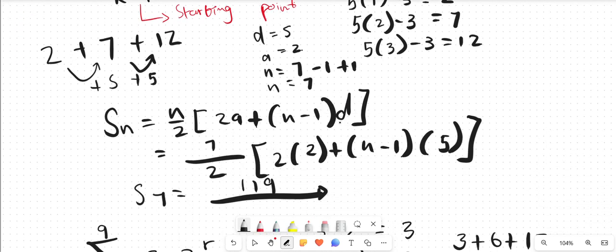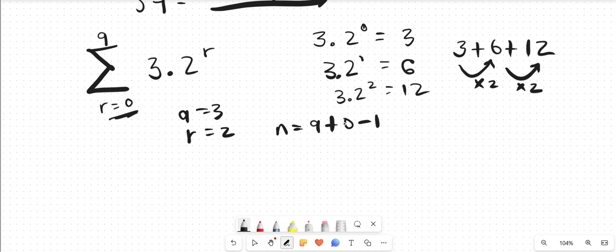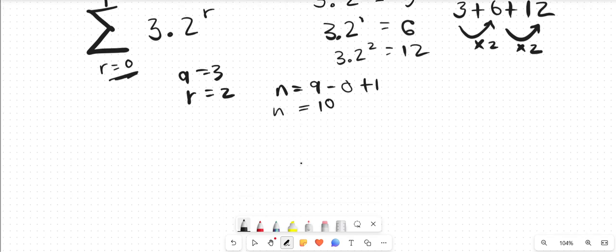It's the top minus the bottom, plus 1. So this is incorrect. It should look like 9 minus 0 plus 1, which will actually give me a 10.